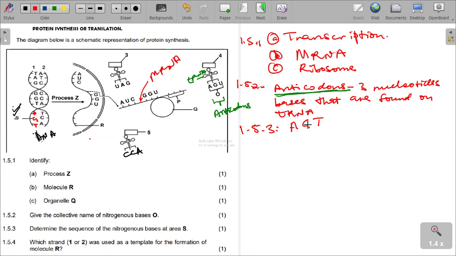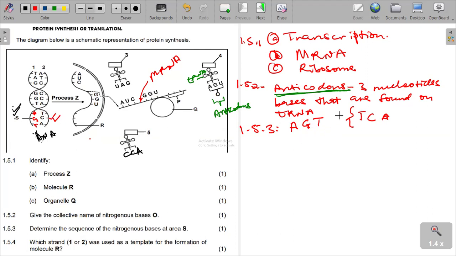AGT are the complementary bases on area S, which is adenine, guanine, thymine. This is caused by the fact that on strand 1 we have got T, we have got C, we have got A. So here we are just giving the complementary bases of the strand that is given, strand 1.